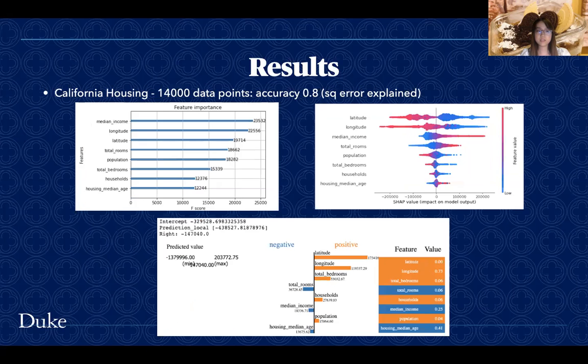And the other data set I'm having is a bigger one than the previous one. That is California housing. And the accuracy metric is squared error explained. And my accuracy is 0.8 in the first model.